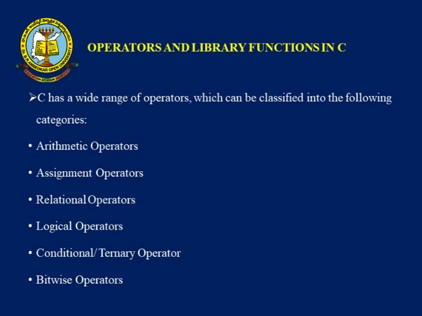Among all these operators, we have different variations. We have discussed arithmetic operators now. Apart from these, we have assignment operators, relational operators, logical operators, conditional operators, bitwise operators. Relational operators verify relations: A lesser than B, B lesser than C, greater than, lesser than or equal to, double equal to.